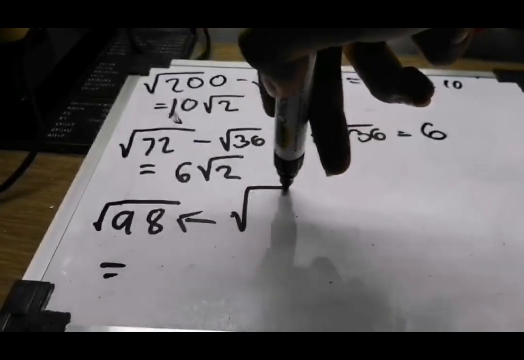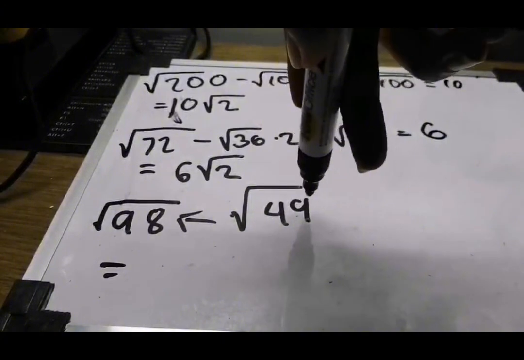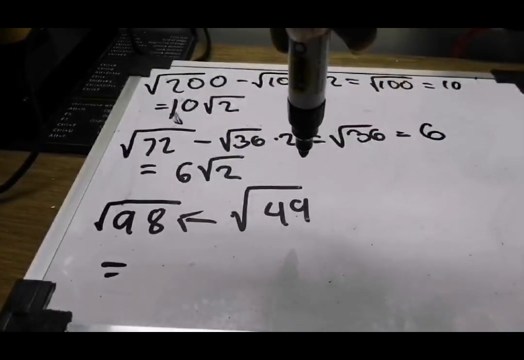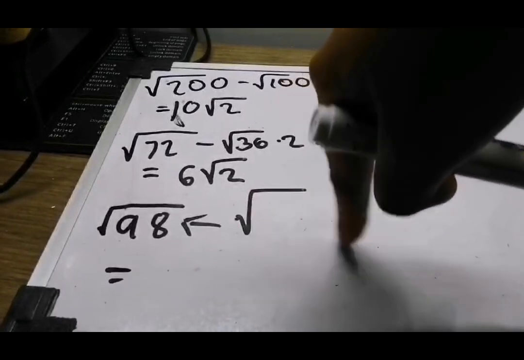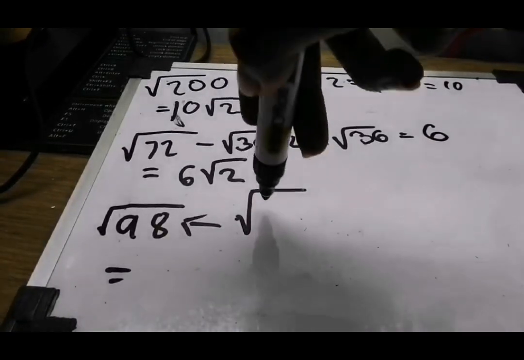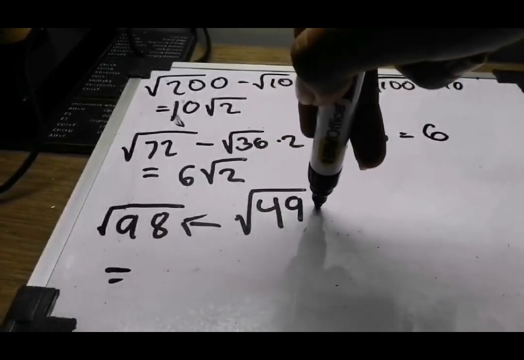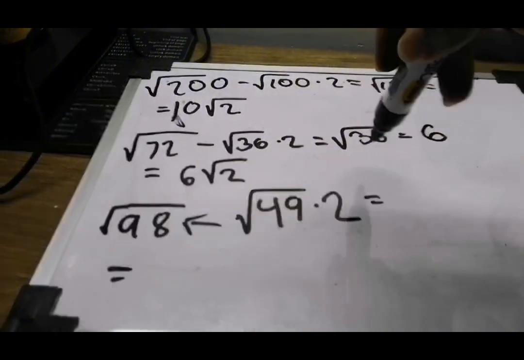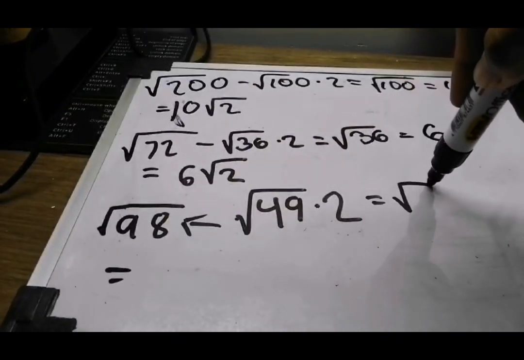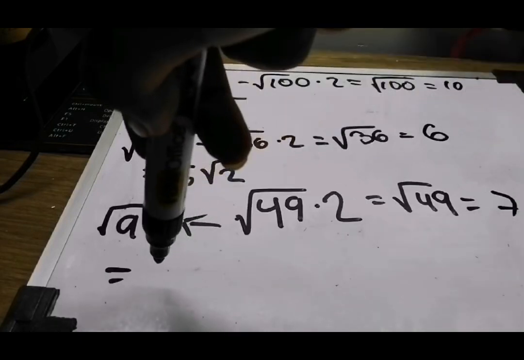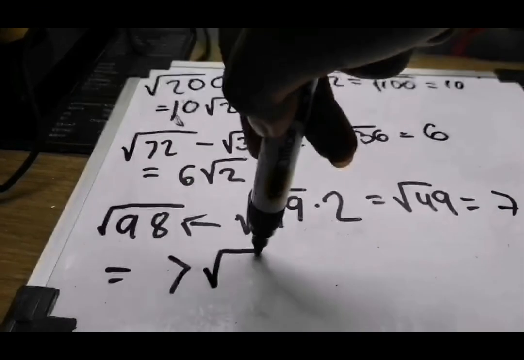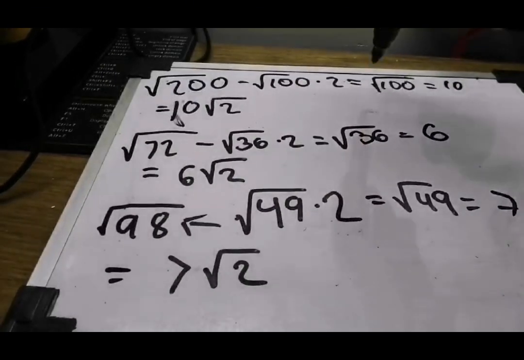Those will be the factors that we multiply together, and the answer will be 98. 49 times 2. And the perfect square root of 49 is 7. So we'll have 7 square root of 2.